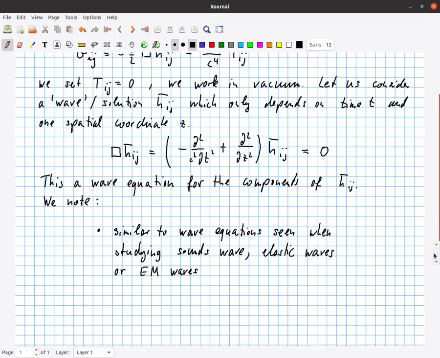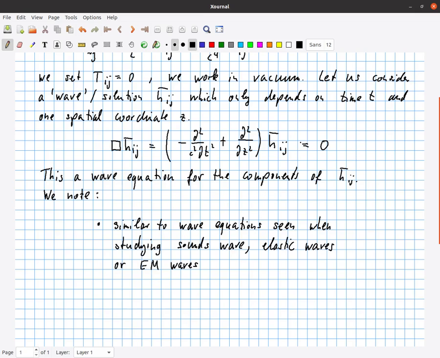And the other thing we immediately notice is that we know the speed of those waves, the propagation speed of our GR waves, so gravitational waves or general relativity waves, is c, the speed of light.